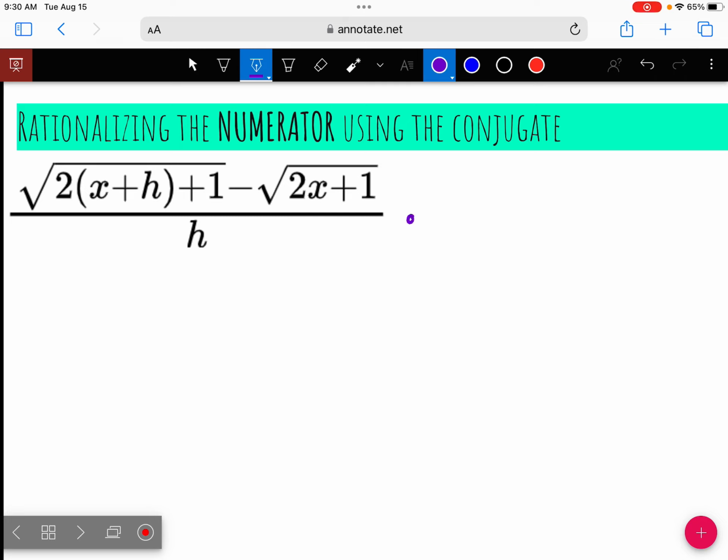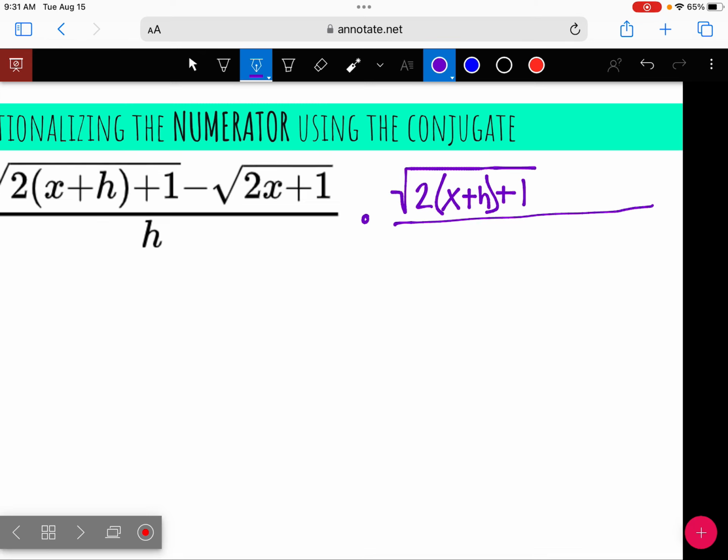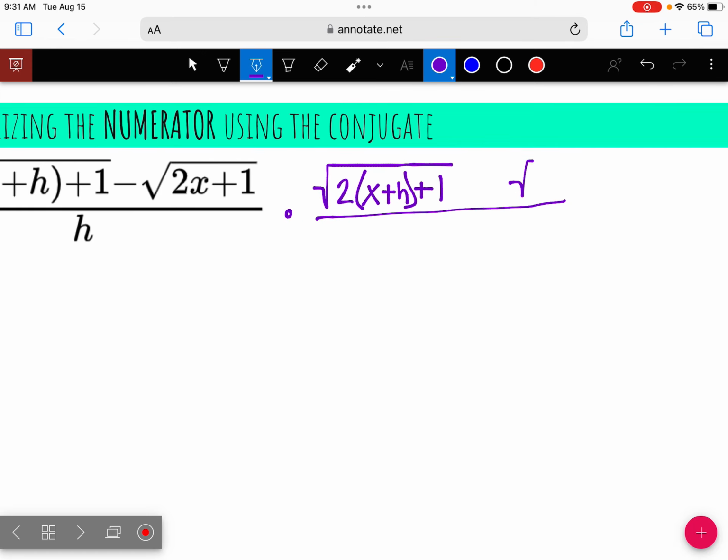So we're going to take our numerator, because we're rationalizing our numerator here. And we're just going to take it as it is. Square root of 2 times the quantity x plus h plus 1. And our other term is the square root of 2x plus 1. Whew. And it was a minus, so now we use a plus.